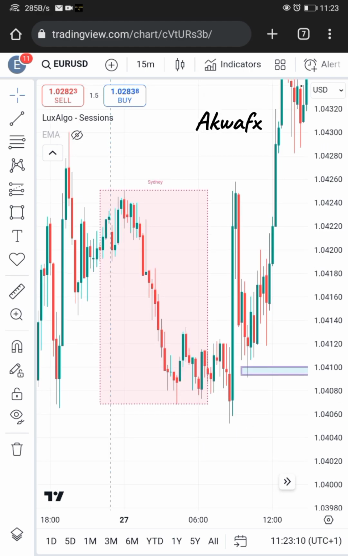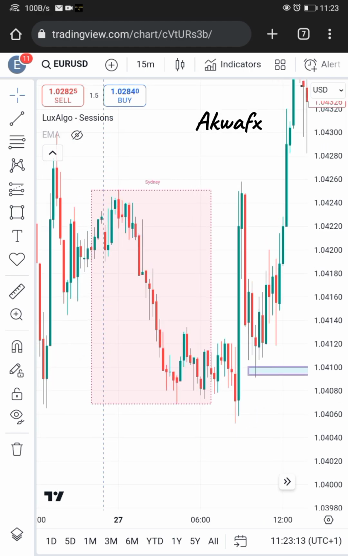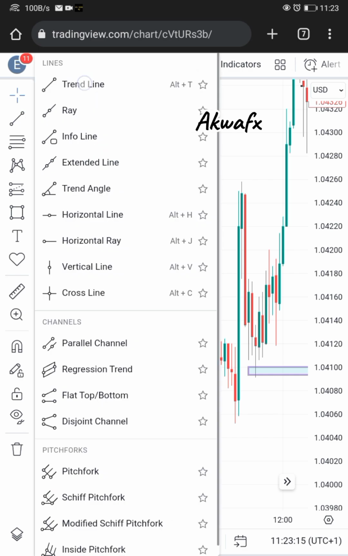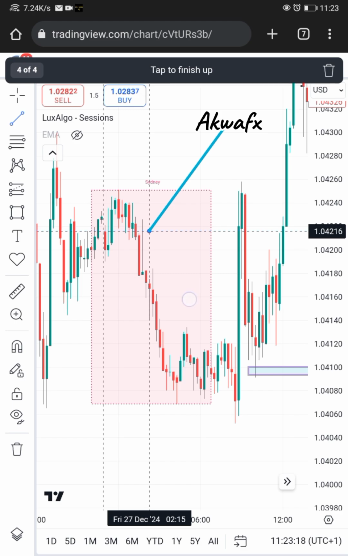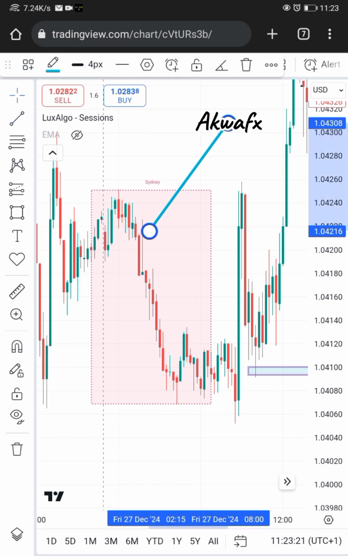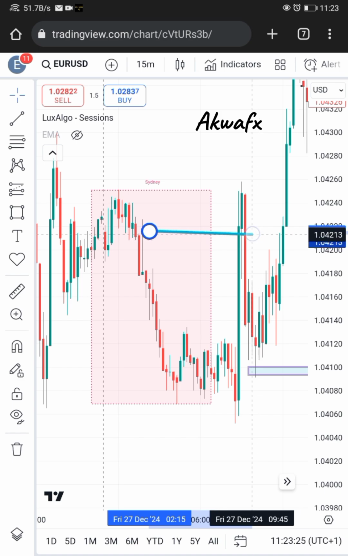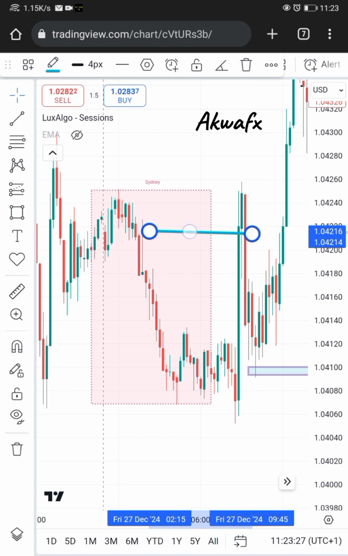Once the Asia, this red box right here is your Asia, has finished, you are looking for a break of structure in this zone. You make sure that the liquidity is grabbed.